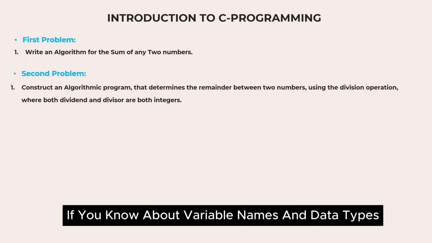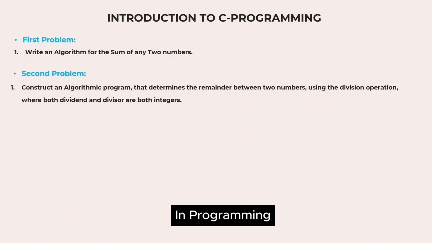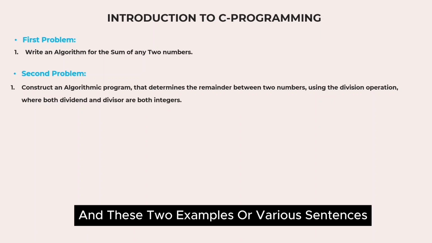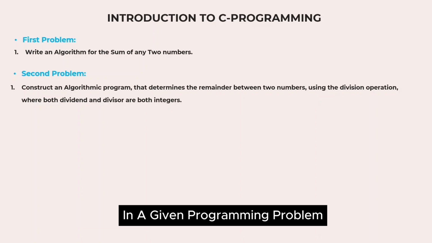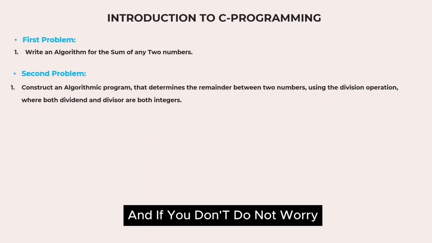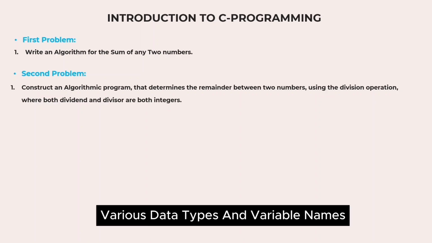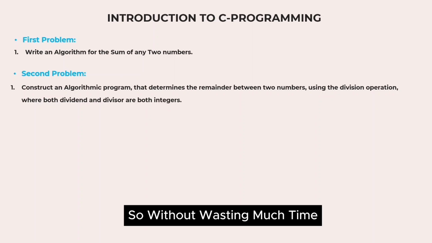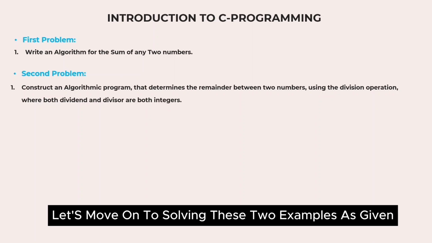If you know about variable names and data types in programming, you will fully understand the terminologies in these two examples. And if you don't, do not worry, we'll be discussing these various data types and variable names in C programming in next week's episode. So without wasting much time, let's move on to solving these two examples as given.